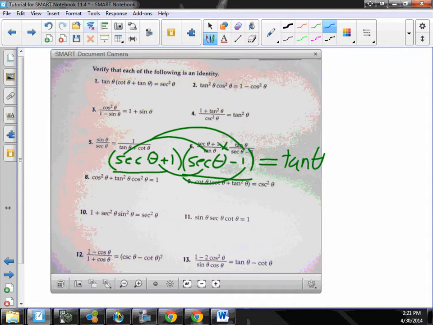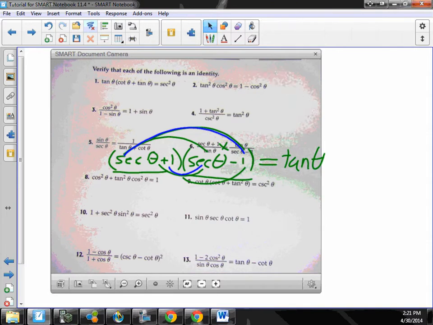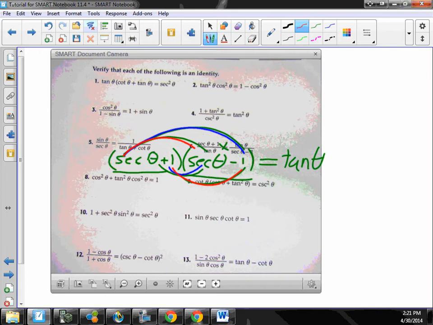But what do you notice about this term and that term? They're going to cancel. Whenever you have conjugates, the two middle terms cancel. So as long as they're conjugates, all I have to worry about is first term times first term and second term times second term. So secant squared of theta minus 1 equals the tangent squared of theta.